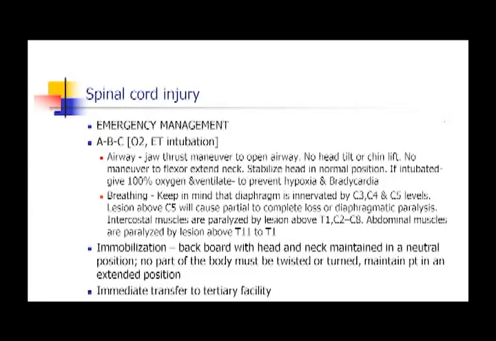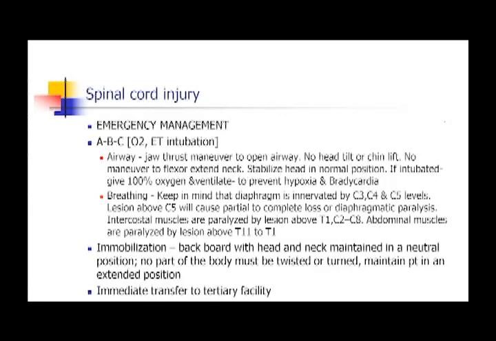Abdominal muscles are paralyzed when the lesion is located above T11 to T1. So in this case, if you know that any of the following areas of the spinal cord are affected, immediately try to check the airway, breathing, prepare oxygen, and possible intubation of the patient.